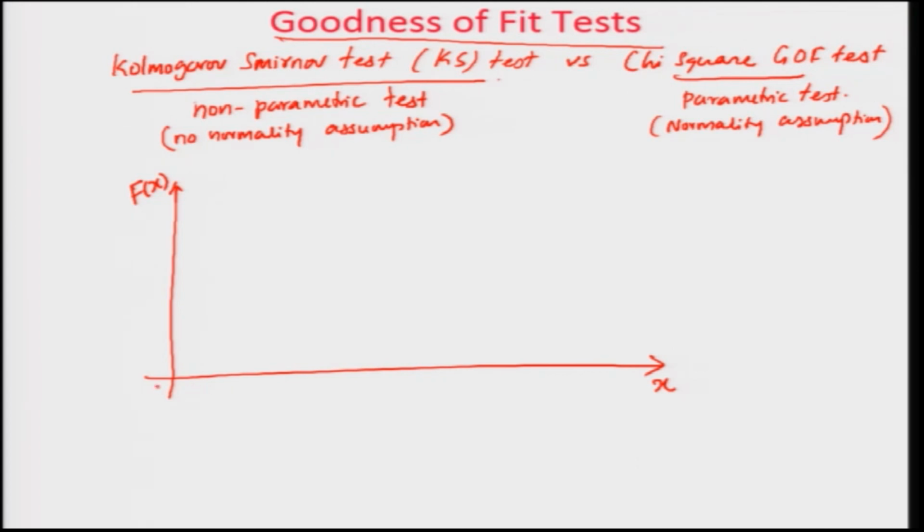You have 0, 5, 10, 15, 20 like this, the values will go, and you have 0, 0.25, 0.5, 0.75, 1.0 like this. Your cumulative probability might look like this. It will come to 1. It will not go above 1, it will just come to 1.